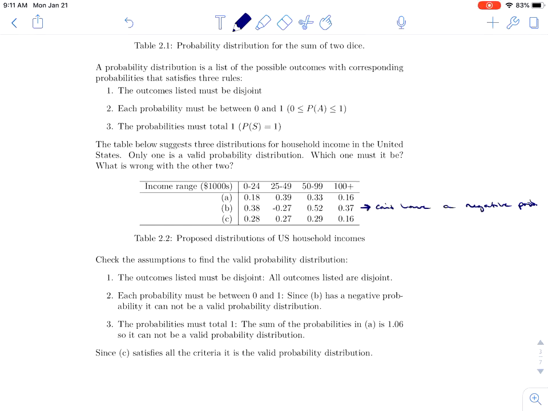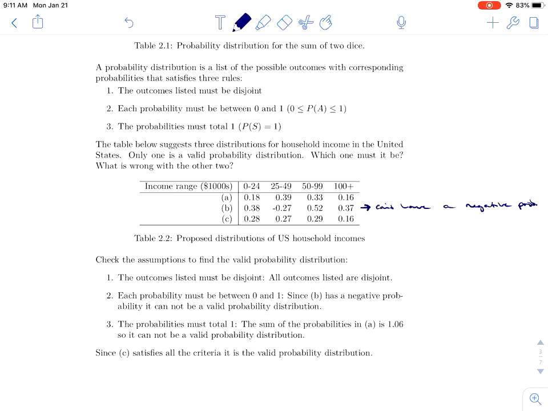But if we check all these other ones, they all look okay. They're all between 0 and 1. So then we can move on to the next step and figure out what the totals are for A and C. If they each have a total of 1, then they're both valid probability distributions.